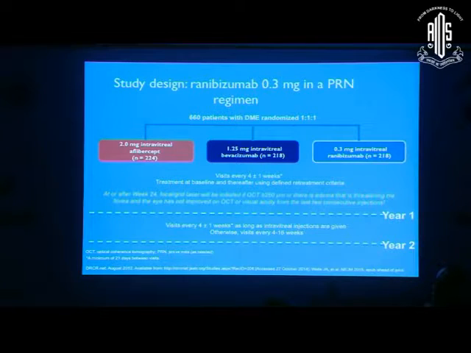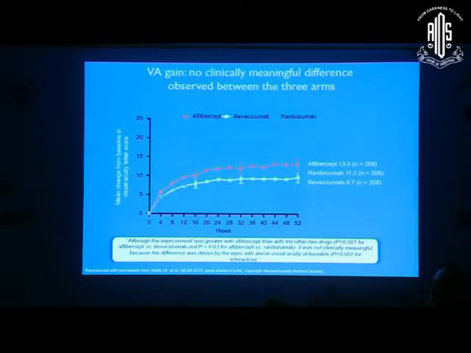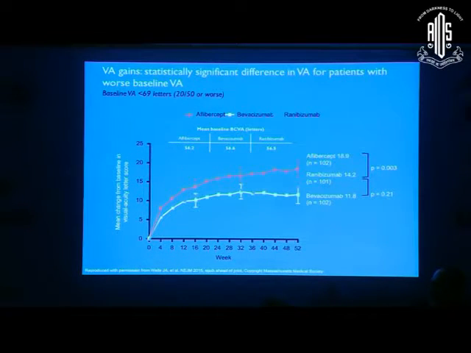But if you look at the methodology, they gave the first dose and then immediately after that they have retreatment criteria for re-injections. If you look at the overall results, there was not a significant difference in visual acuity overall. But patients who had less vision at baseline, less than 20/50, tended to gain better, whether you look at Eylea, Avastin, or Lucentis individually.